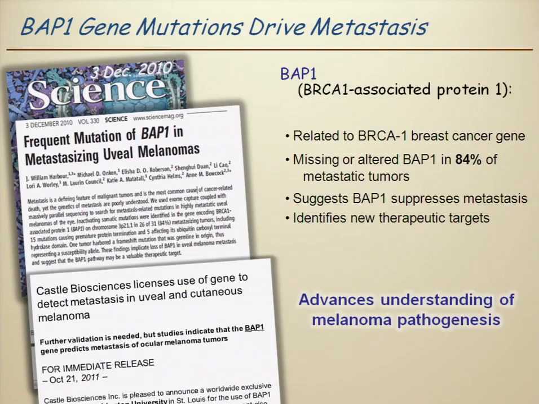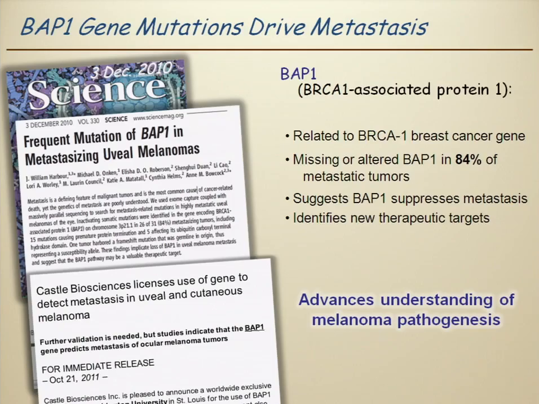People who died, he found, had mutations, an alteration of the BAP1 gene in 84% of those metastatic tumors. BAP1, BRCA1 associated protein 1. And his findings suggested that BAP1 suppresses metastases, and so it's a double negative statement. If you make mutations in this, you cause metastases.